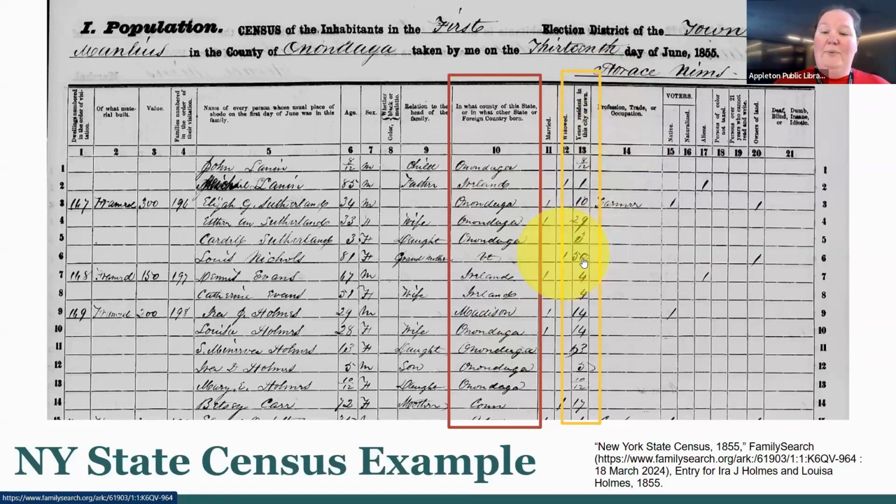So you can see, oh, this person lived here for 50 years. That's going to be really helpful in trying to track them down in the previous censuses because I know they've lived here for a really long time. So another helpful clue: you can use some of these random little details that are in the census to learn more about your ancestor and hopefully track them down in other records.